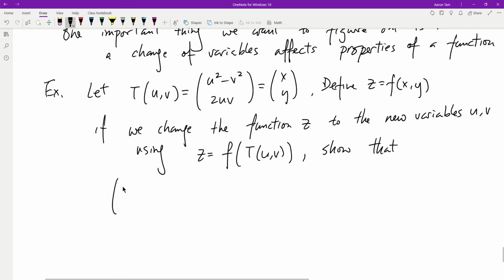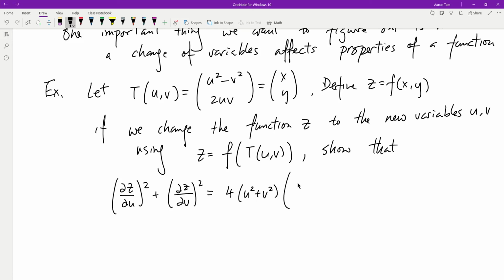Show that if I take the dz over du squared plus dz over dv squared, that would equal 4 times u squared plus v squared multiplied by dz over dx squared plus dz over dy squared. So I'm going to ask you to show that this statement is true.